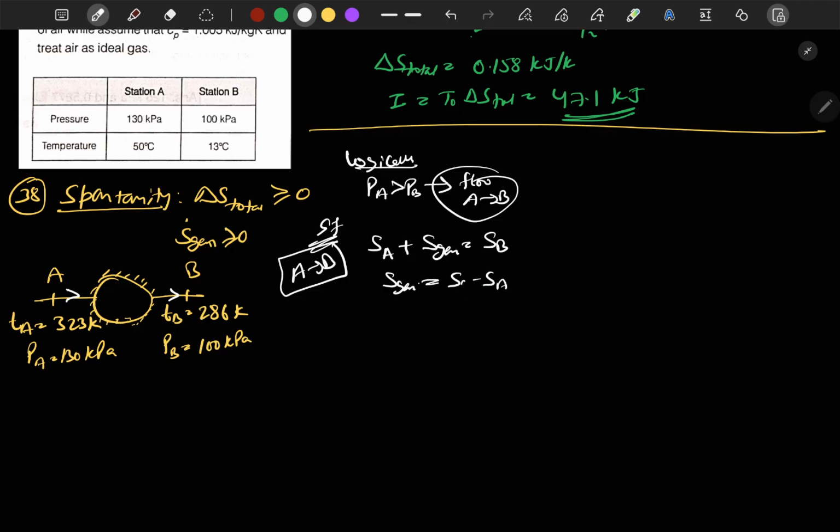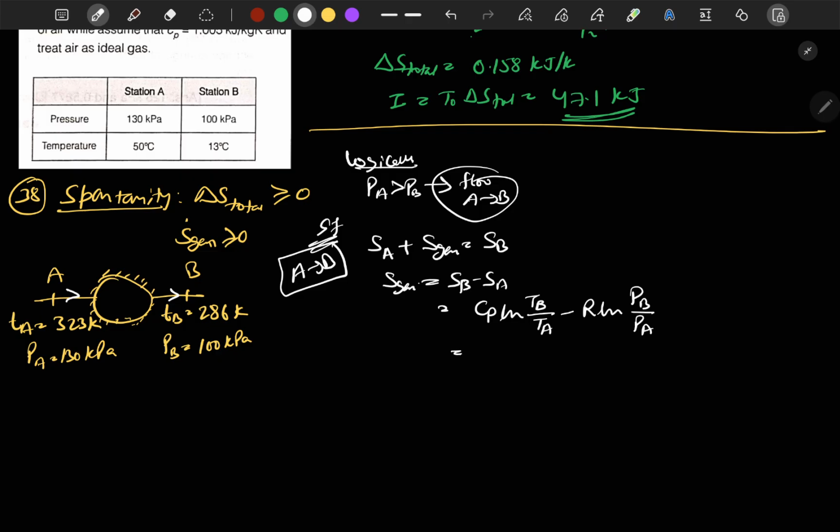For an ideal gas, the difference in entropy can be calculated as Cp ln(Tb by Ta) minus R ln(Pb by Pa). Now we substitute all the values here.